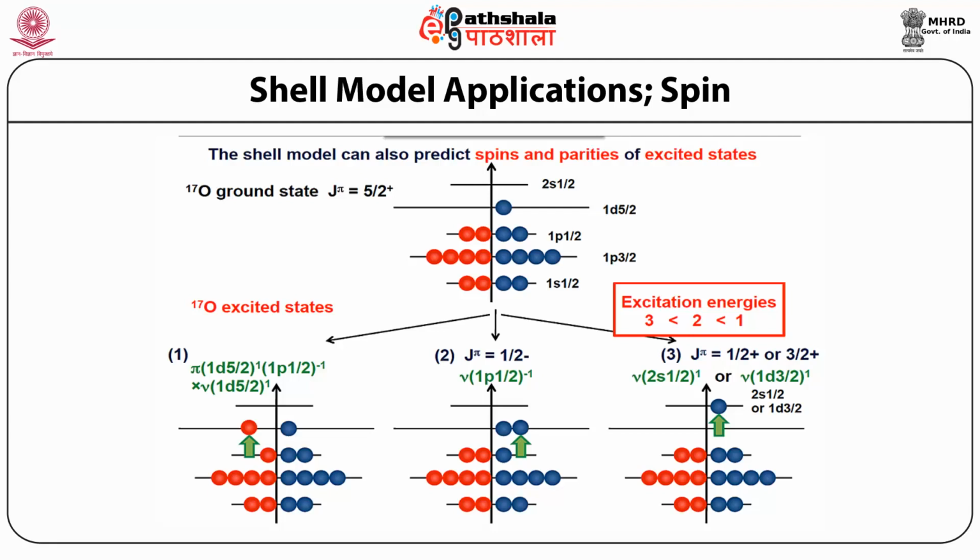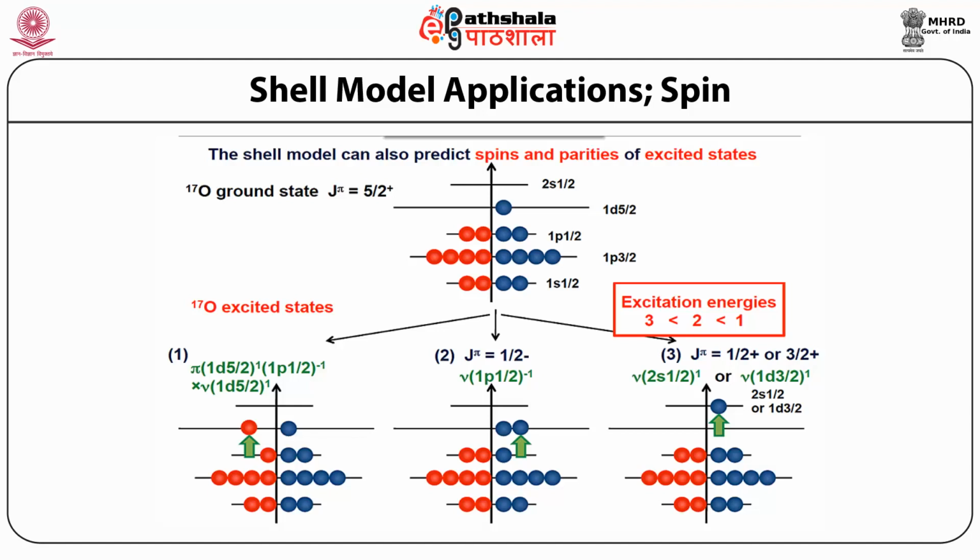Its nucleon distribution in various energy states is shown, in the ground state as well as in the excited states. In the ground state, oxygen-17 has spin and parity 5/2 plus, and it is clear from the energy level diagram that the odd nucleon is in the d5/2 orbital.